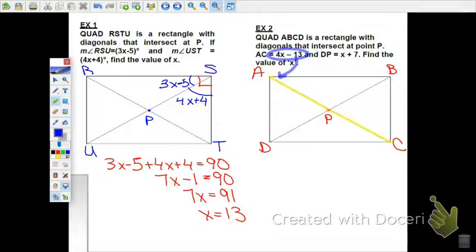And then DP, which is just half of the diagonal, is equal to x plus 7. So what can we do here to set up an equation? What kind of a relationship do we know about the yellow and the green marked up here?